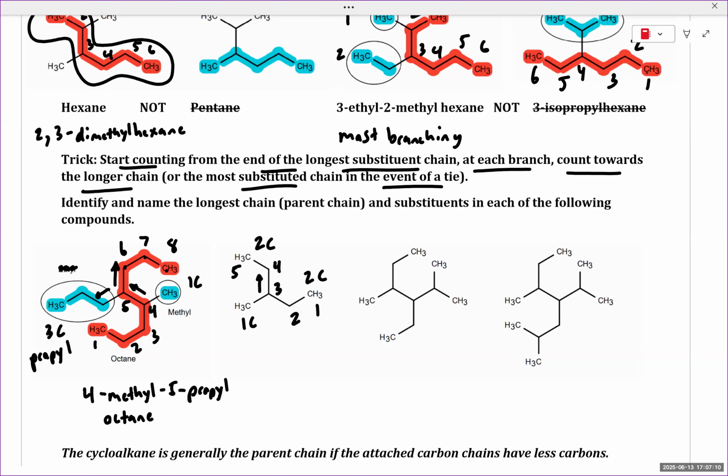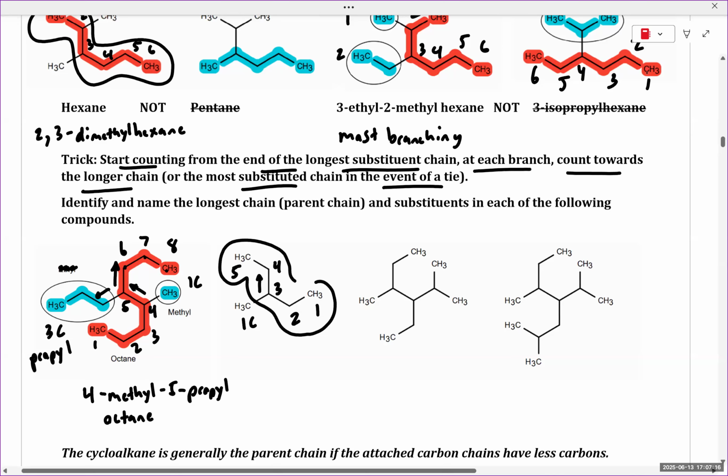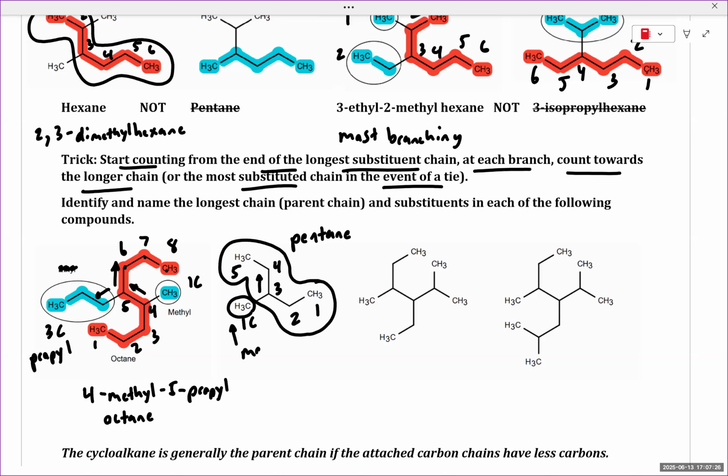So in this case, we have our longest chain, which has 5 carbons. So this would be a pentane main chain. And then to name this 1-carbon group, this will be a methyl group. Writing the full name, this will be 3-methylpentane.